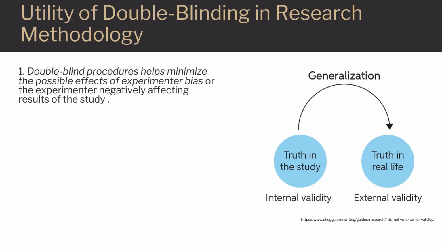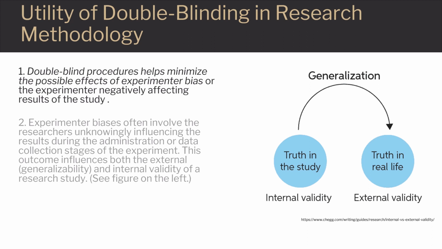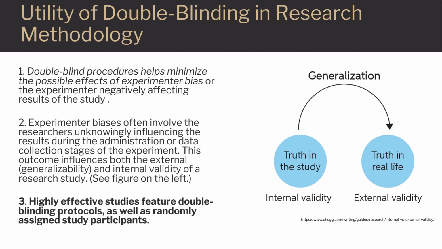Double-blind procedures help minimize the possible effects of experimenter bias and threats to both internal and external validity. Highly effective studies feature double-blinding protocols as well as randomly assigned study participants.